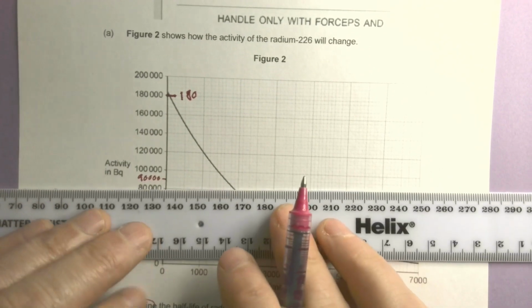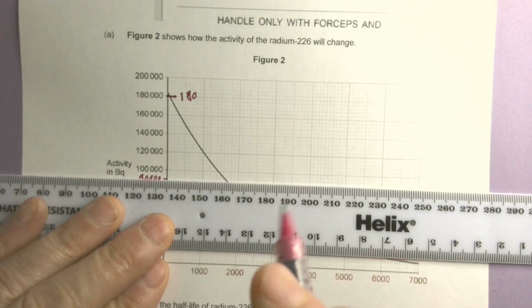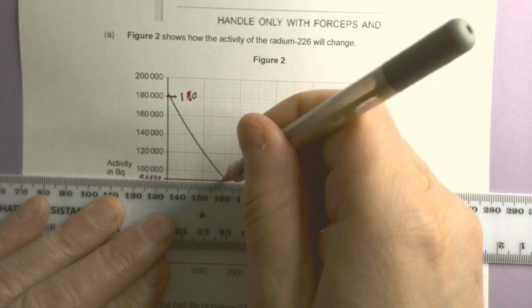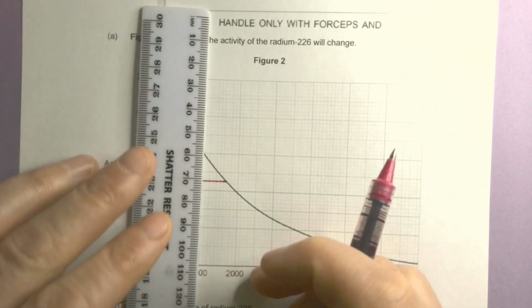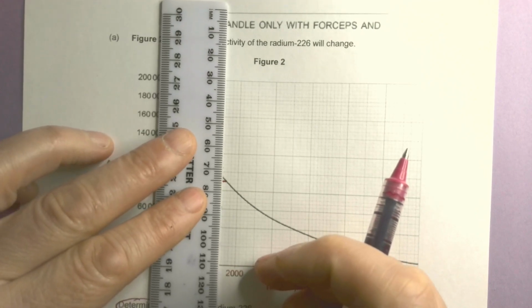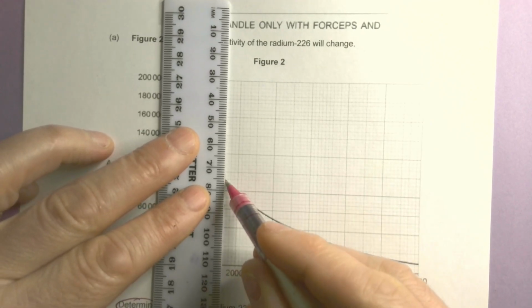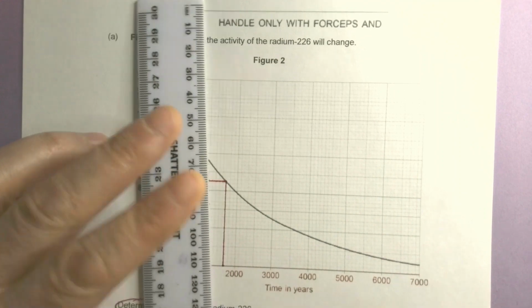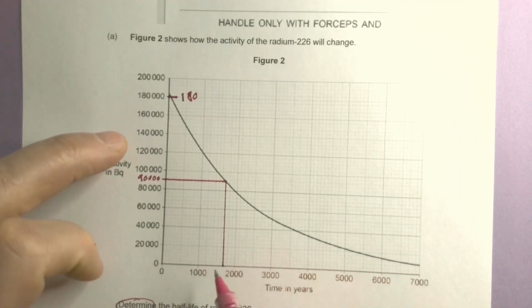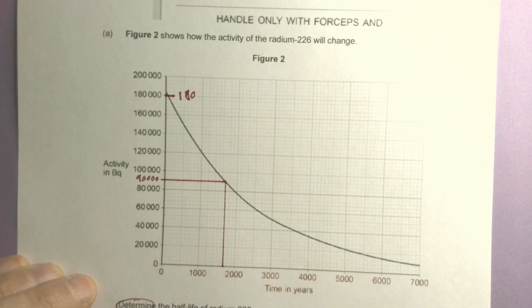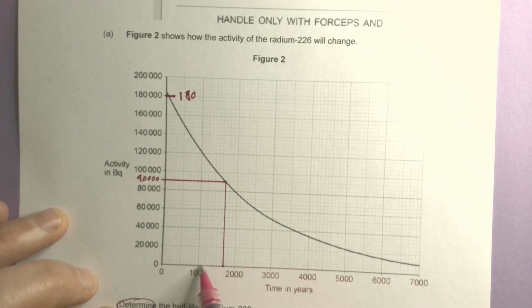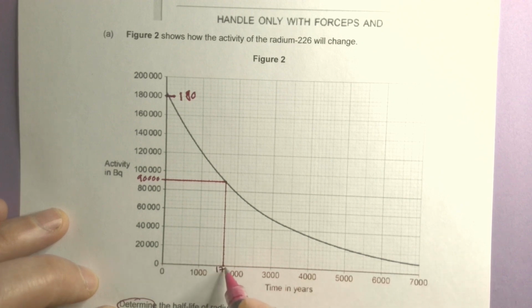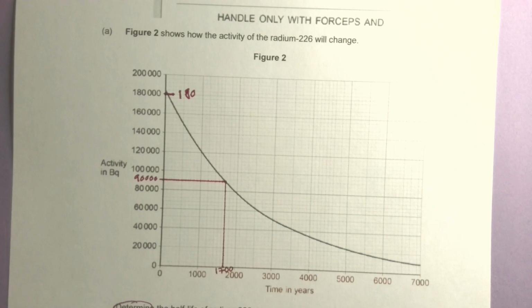Draw a line across from that till I hit the line, and then draw a line down vertically. To there, that's going to be, my graph's a bit hard to see here, but 1, 2, 3, 4, 5, 6, 7. That's about 1,700.